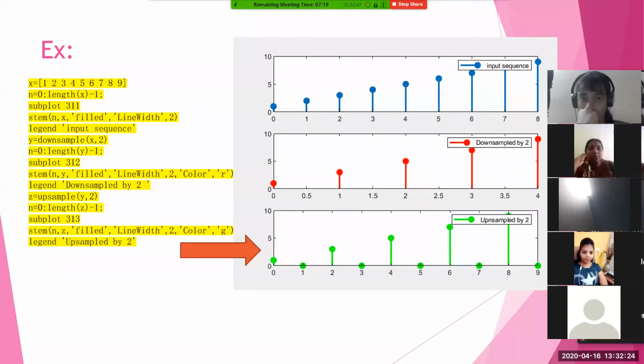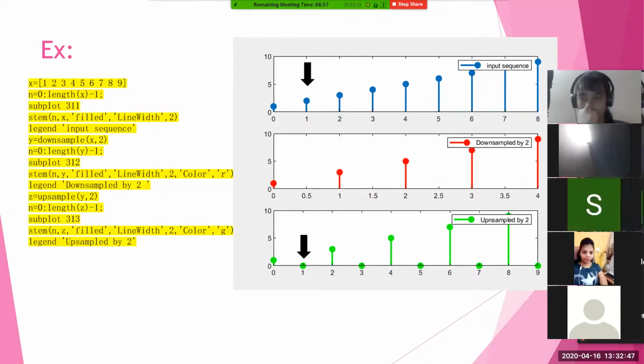The number of samples is the same, but this particular sample, pointed by this black arrow, is not there in the third sequence. Once again, this particular sample is not present, which means its value is changed to 0.